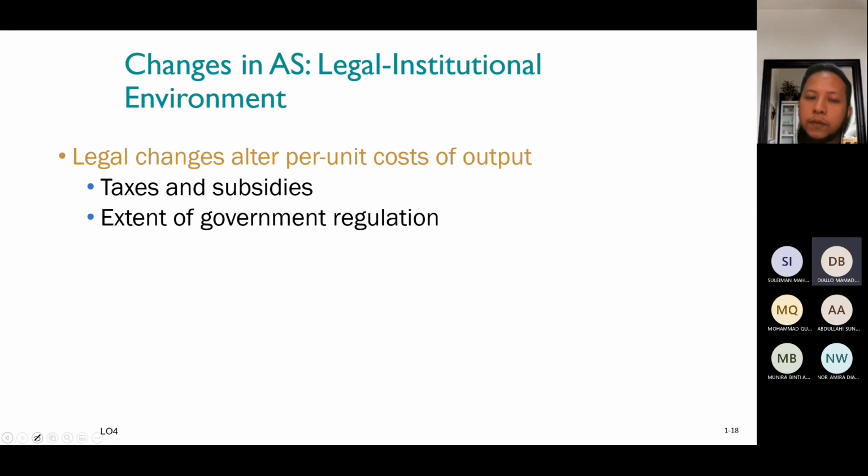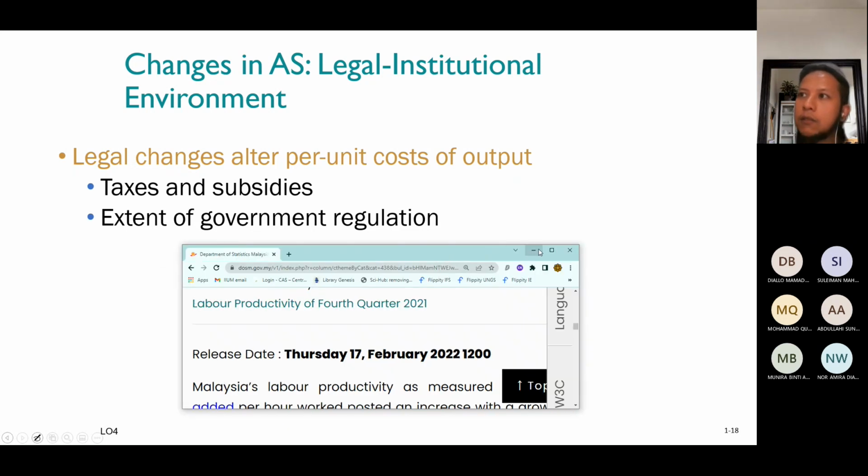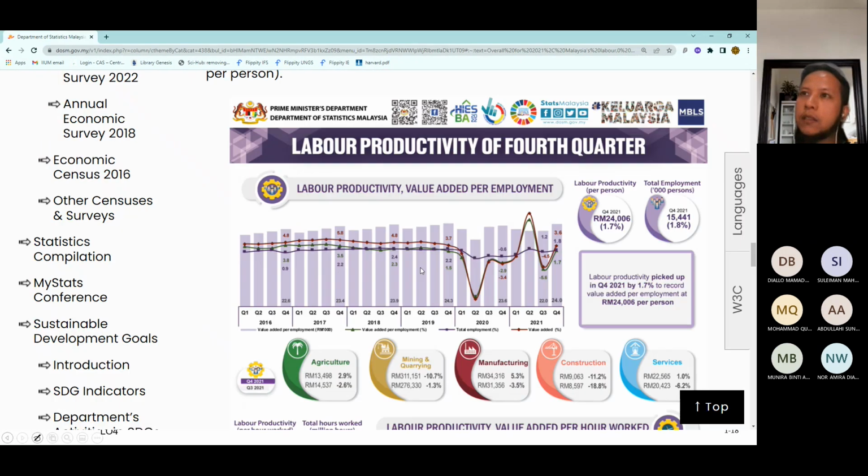Yeah, Doctor, the productivity means what everyone has produced, or what? Yeah, what everyone on average has produced. What is the contribution of everyone? It depends on various factors. I think they have the explanation on how they calculate it in detail.